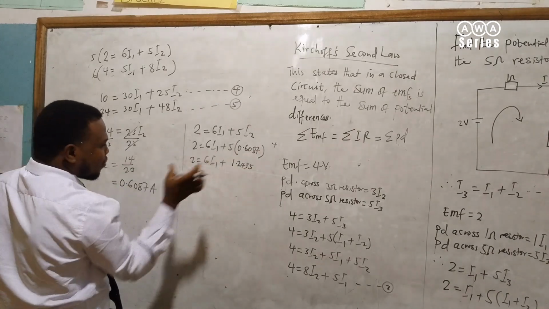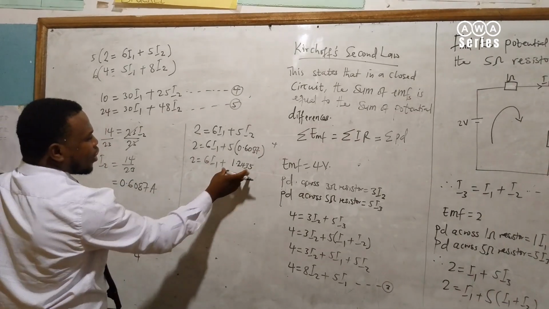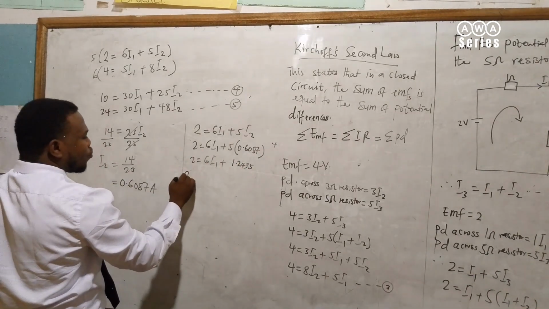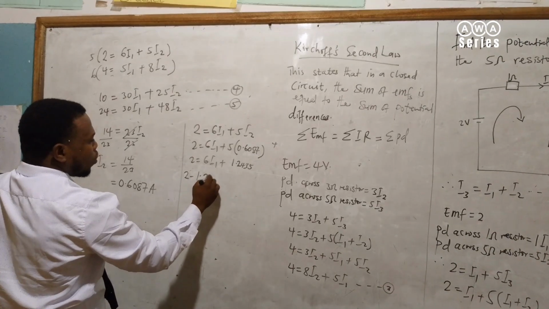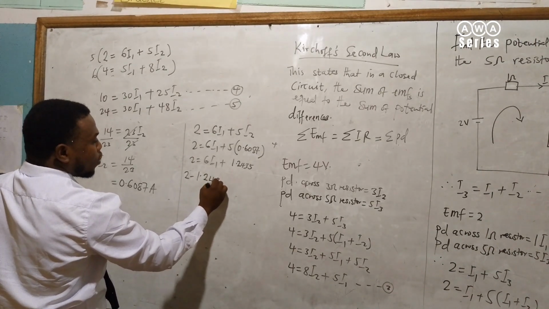If you do this multiplication very well, take your time to do it, you'll get it. So we send this one to this place. You have 2 minus 3.0435.